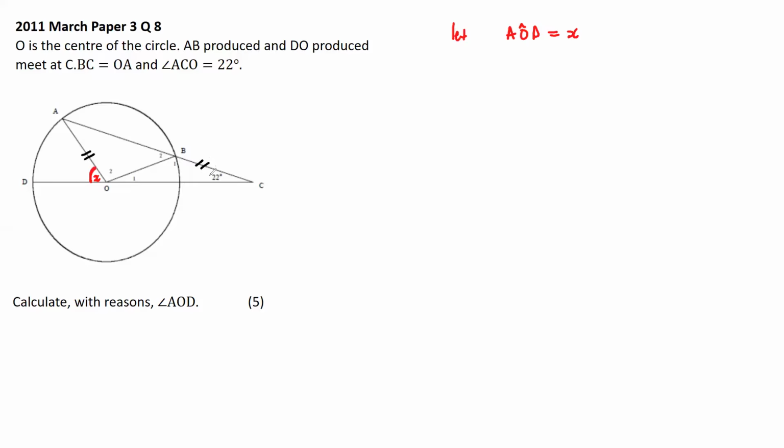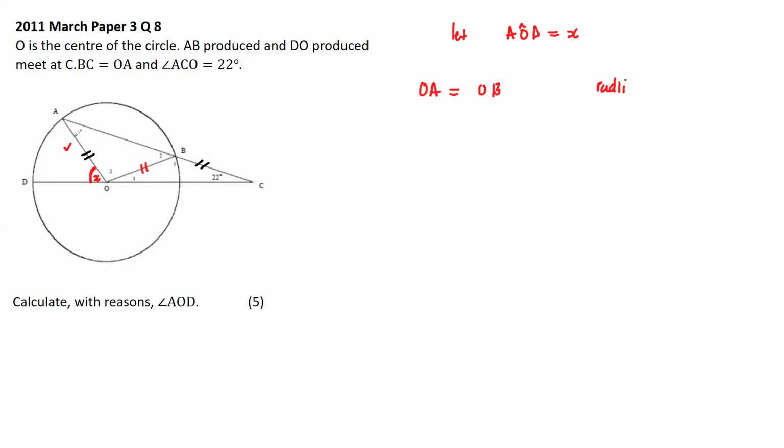The first thing that I can see is that OA is also like OB. So OA is OB because they are radii. Remember, they come from the center. So that means, therefore, OA is OB and OA is BC.